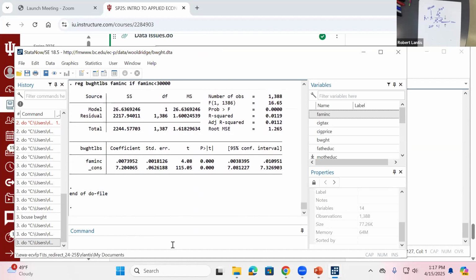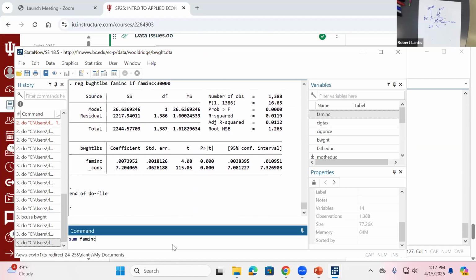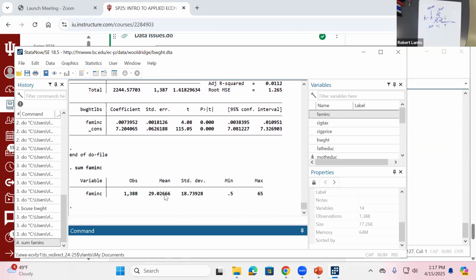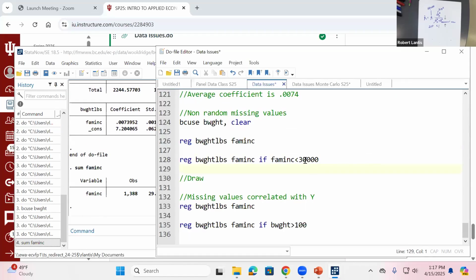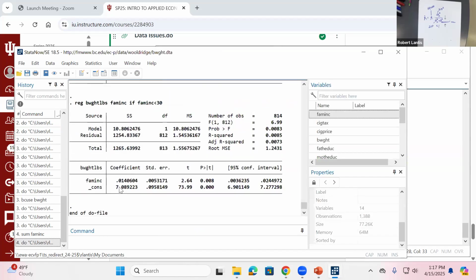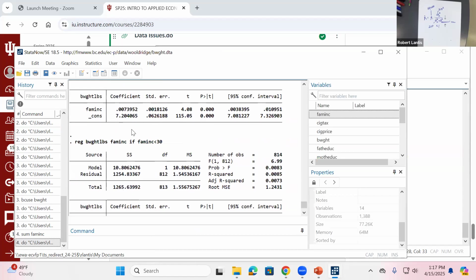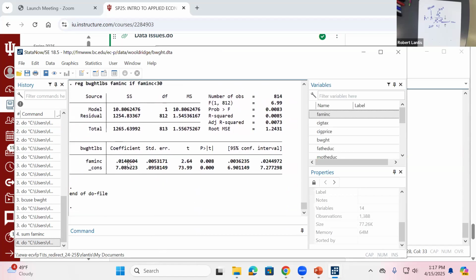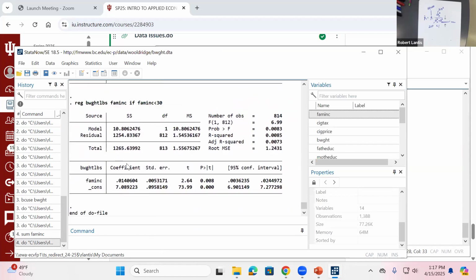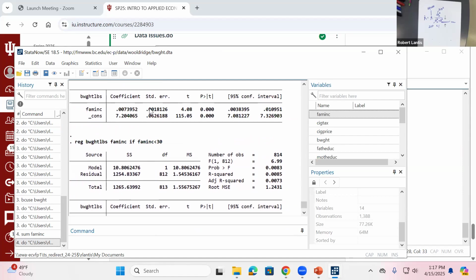So I want family income here. I guess I've got to summarize it. Because 30,000 must be 30 in the data set. So if I have family income less than 30, now I can see that if I'm missing the lower half of the distribution, if it's not randomly missing, I could end up with very different coefficients, right?